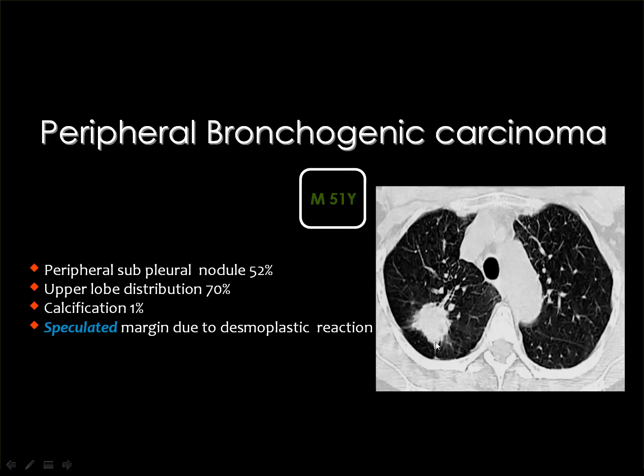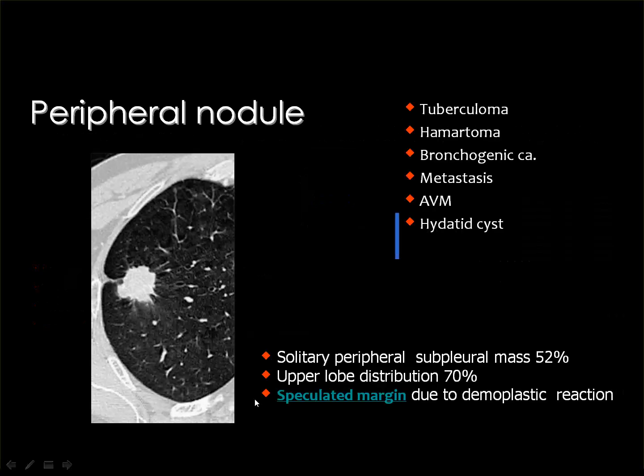Bronchogenic carcinoma will show a solid mass or nodule with a speculated margin, which may also be seen in the mass. Sometimes you see a relation to the bronchus, and you get what's known as pleural tails, and these are more signs supporting the diagnosis of bronchogenic carcinoma.